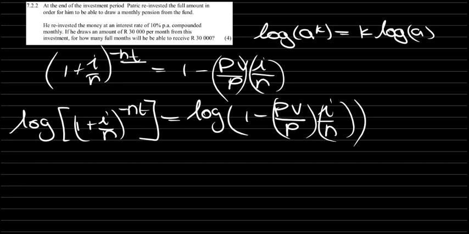Okay, so now once we took the log of both sides, we can apply this law and take out the K, so we can take out the NT.